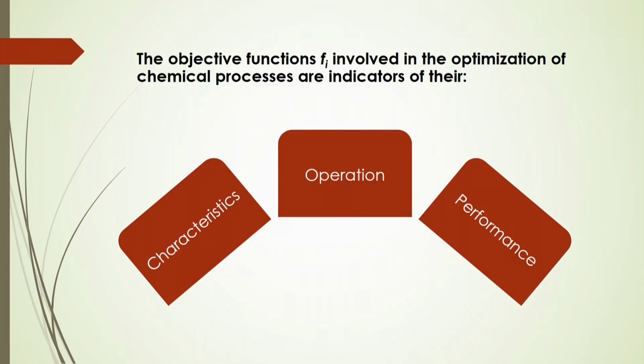And the objective functions involved in the optimization of chemical processes are indicators of their characteristics, operation and performance.